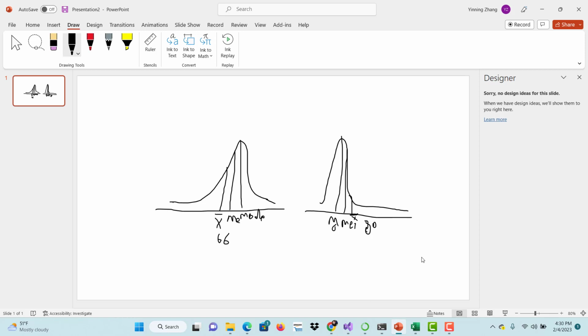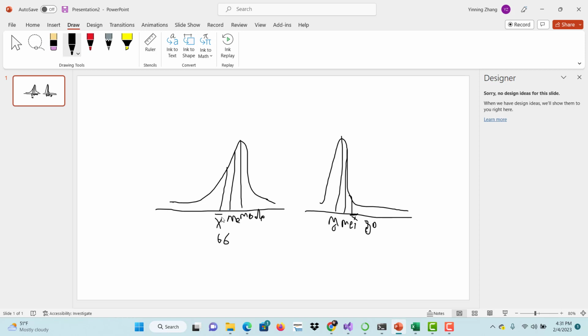Okay, so that's how we read the histogram and understand the skewness. In your assignments, I want you to explain what this means. If this is skewed right, that means most of the students' scores are under the mean value, and only a few students' scores are higher than this value.